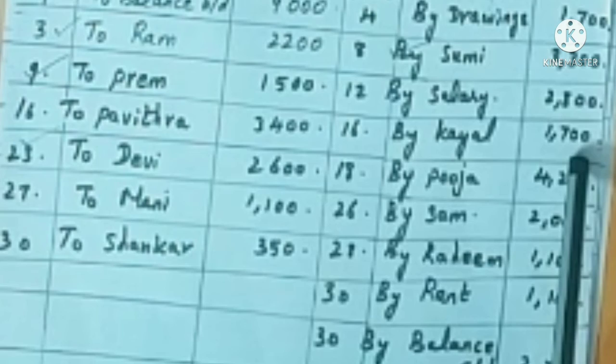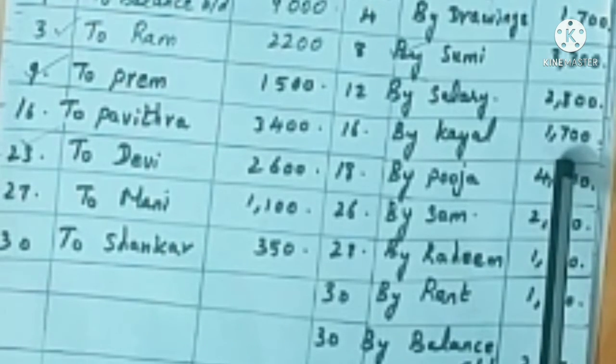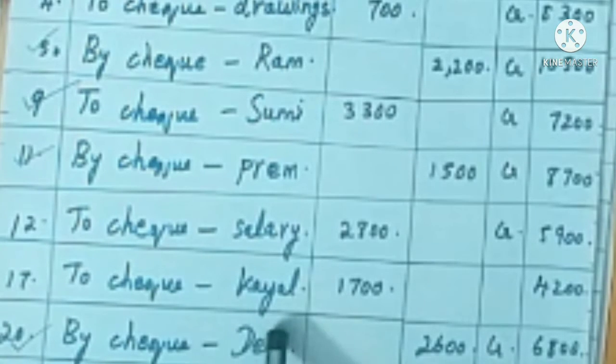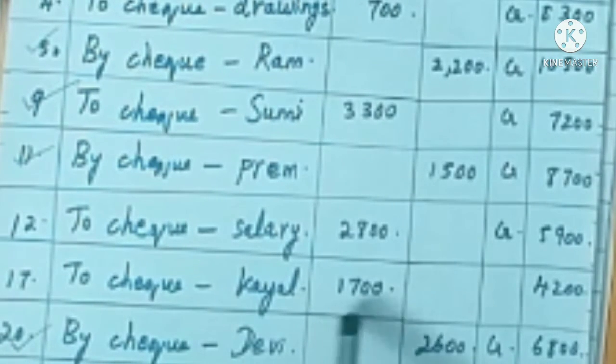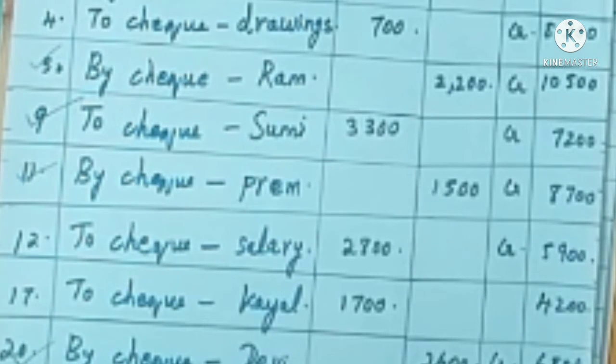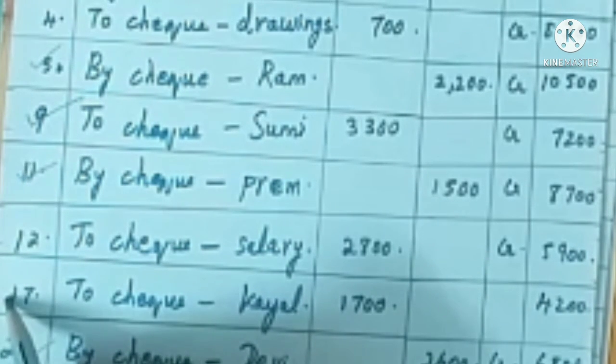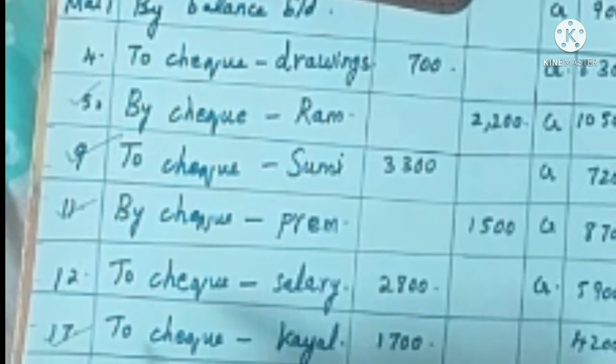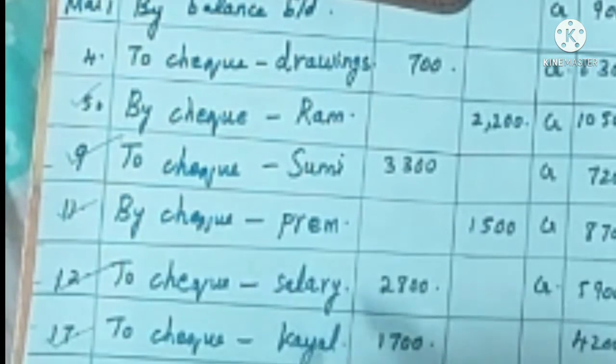So it has to be debited in passbook. Let's see whether it is debited. Here, to check Kayal rupees 1700 is debited in passbook. So I am going to give you a tick mark because it is recorded in both the books. And salary is also recorded in both the books, so I am giving a tick mark.